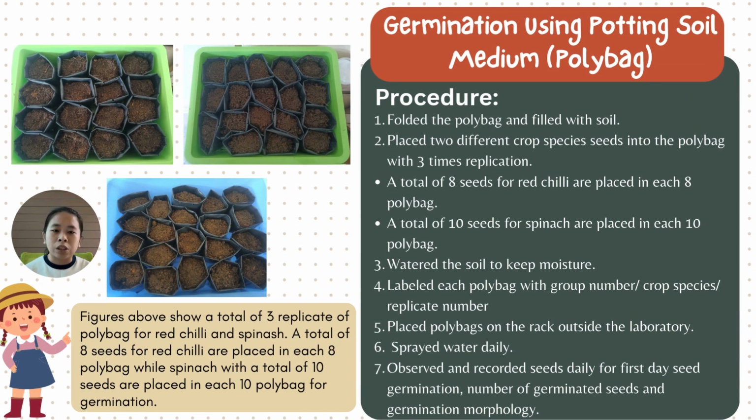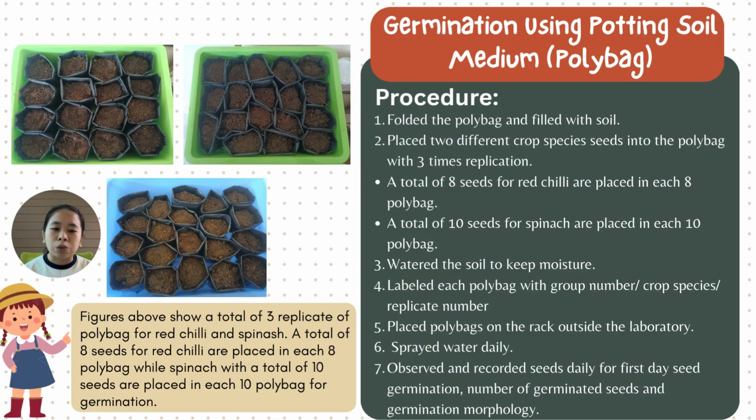Next is the germination using the potting soil medium, which is a polybag. First, prepare the polybag and fill it with soil, and then place the two different crop species into the polybags with 3 replications: a total of 8 seeds for the red chili are placed in each of 8 polybags, and for the spinach, 10 seeds are placed in each of 10 polybags.